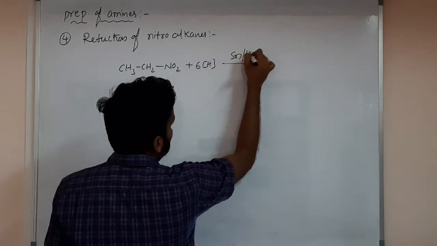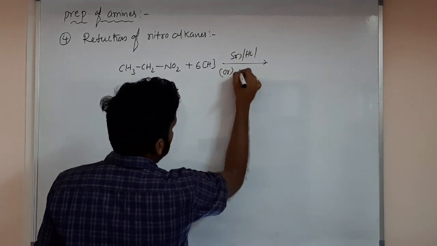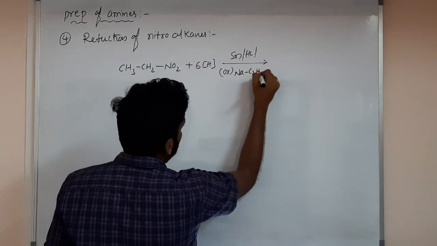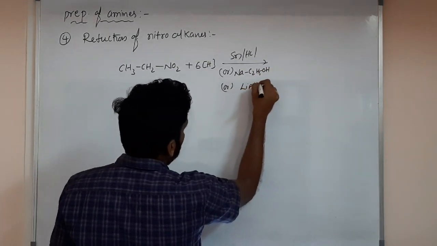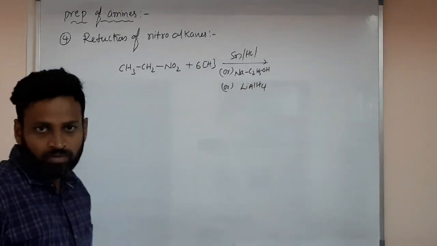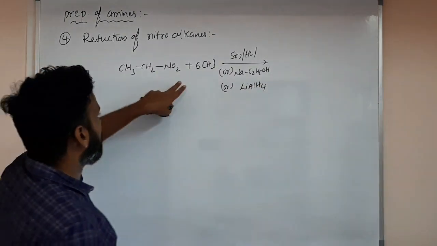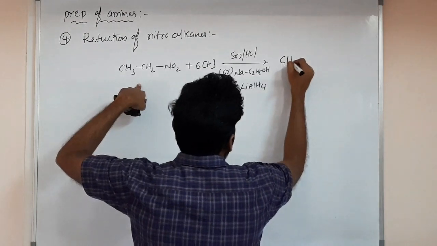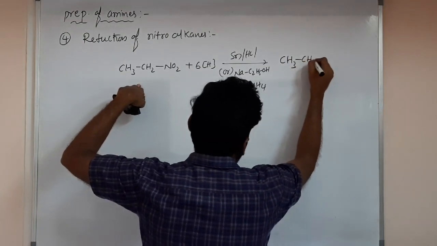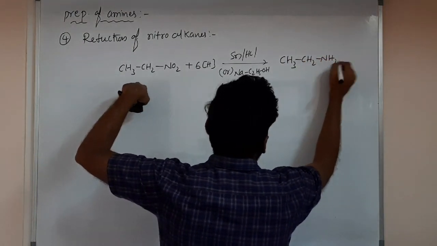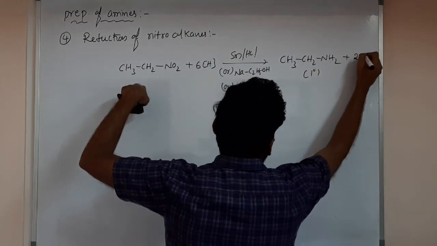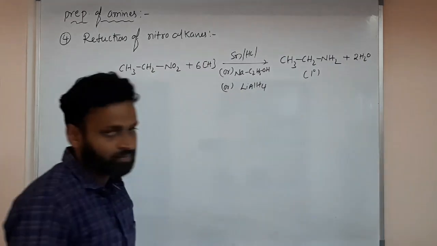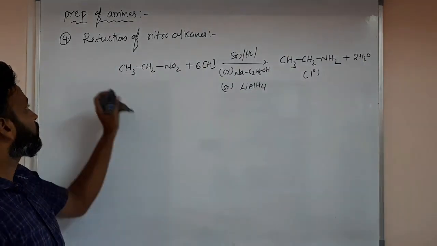So Sn by HCl we use, or sodium ethanol, or else LiAlH4 we use. Understood, sir? So now what happens? Very simple. CH3, CH2, NH2 you are having. This is a primary amine, and H2O. Got it, sir? So write it down.